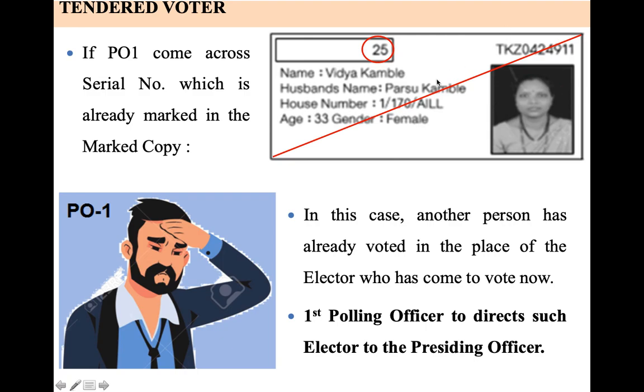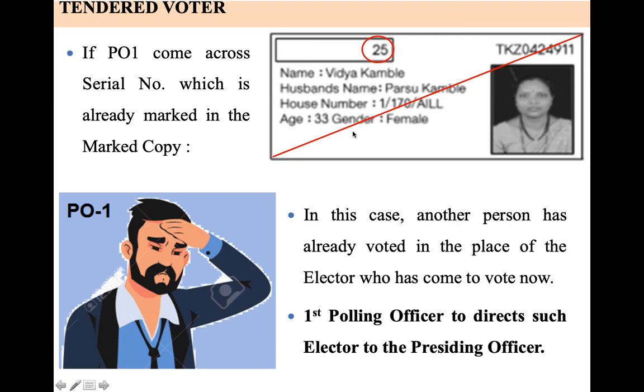If the presiding officer is satisfied that yes, this is the real Vidya Kamble, she has her proper identity card, and there is no indelible ink on her forefinger, the presiding officer will allow this voter to cast her vote. But the point to be noted is that she will not be allowed on the EVM machine.